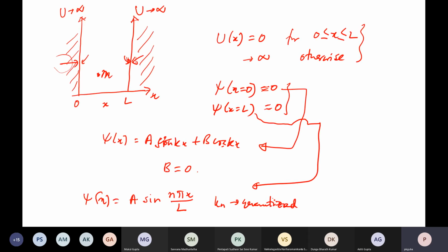And also we found out that the value of A is a constant, and this turned out to be root over 2 by L. How do we find it? Using the probability density function. You remember we use this integral, the integral of psi star psi dx equal to 1, right?